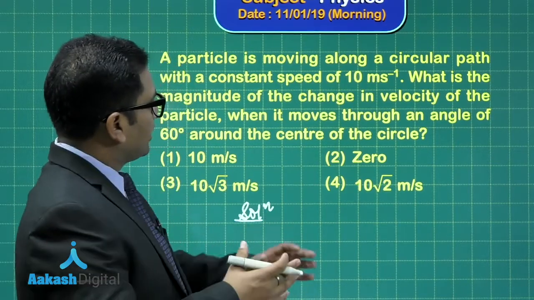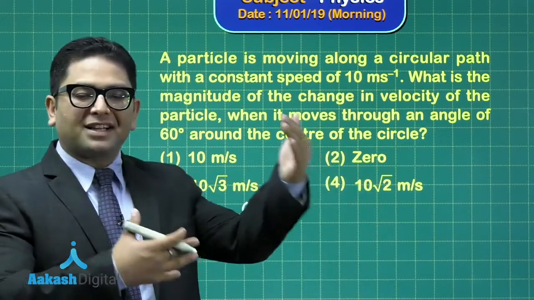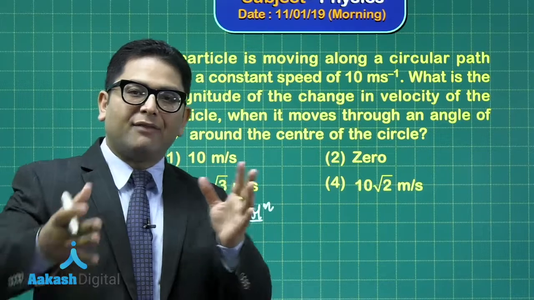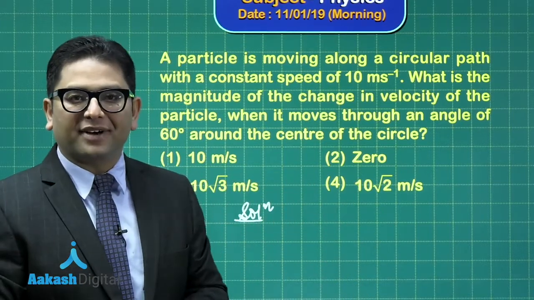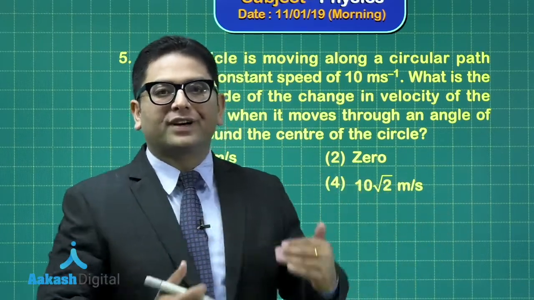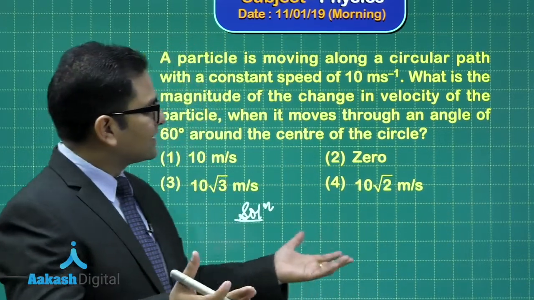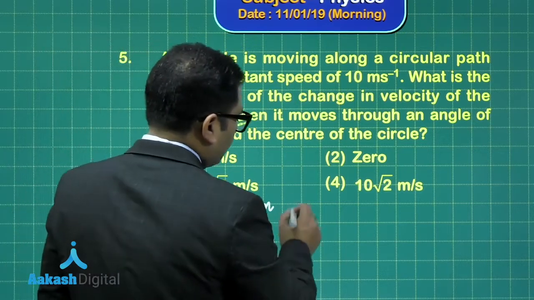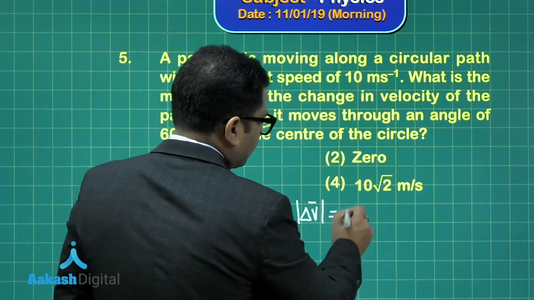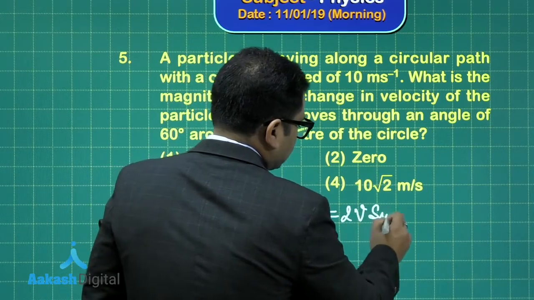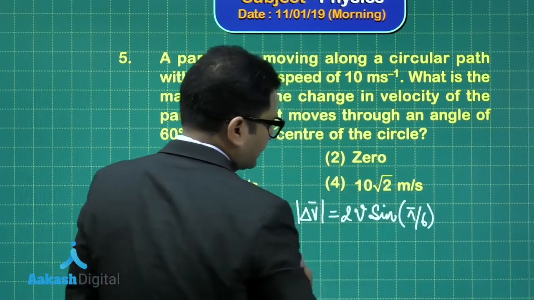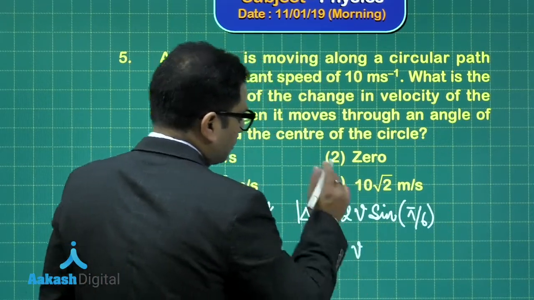Obviously, when the particle moves by an angle of 60 degrees around the circle, the velocity vector would have also turned by an angle of 60 degrees, right? And now we need to find the change in velocity, and this is the difference in vectors. And yes, the magnitude is the same, so I can straightforwardly write the change in velocity magnitude as 2v sin(theta/2), which is 30 degrees, that's pi by 6, and that straightforwardly comes out to be v.